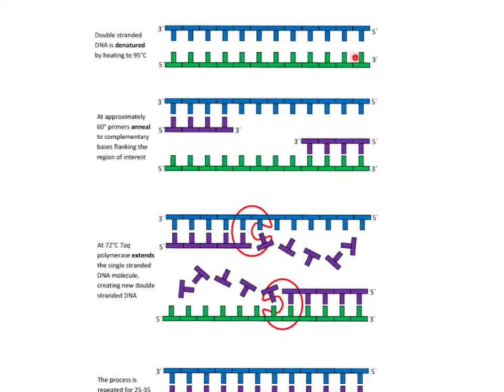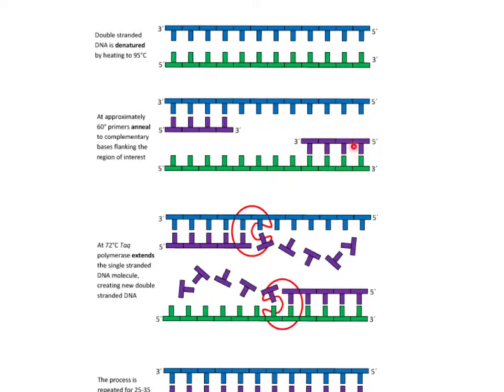So one of the things that we're going to be doing is to try and increase the amount of DNA that we have, and this process known as the polymerase chain reaction, or PCR for short, is how we go about doing it. Okay, so what we do is that we have in our mixture the DNA which we're trying to amplify, and small strands of DNA which are complementary to regions of the DNA that we're trying to amplify.